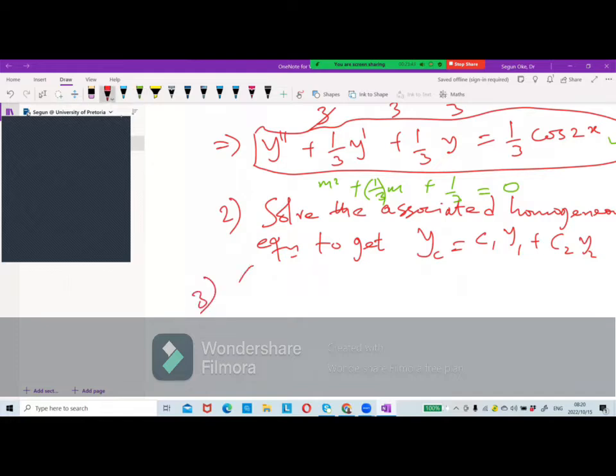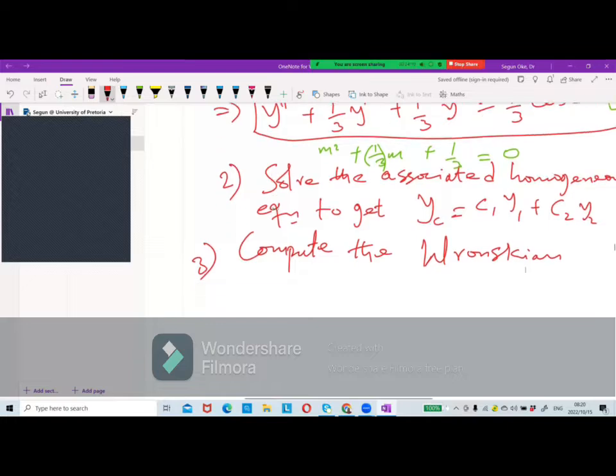Number 3 says compute the Wronskian. The Wronskian says two things.